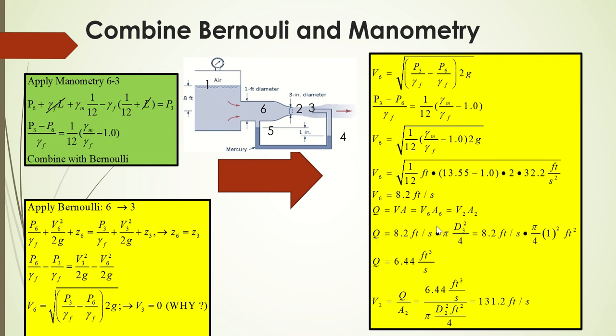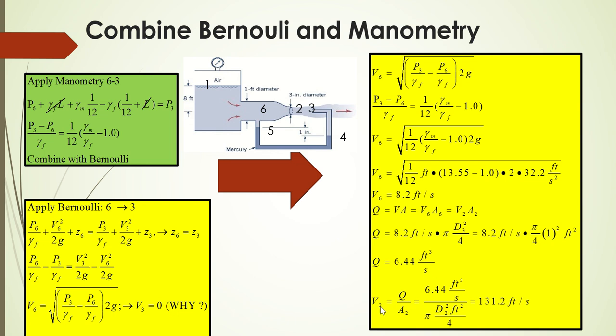So Q is V6 times the area, which is pi d squared over 4. And so that gives me a value of my volume flow rate. Q is 6.44 cubic feet per second.